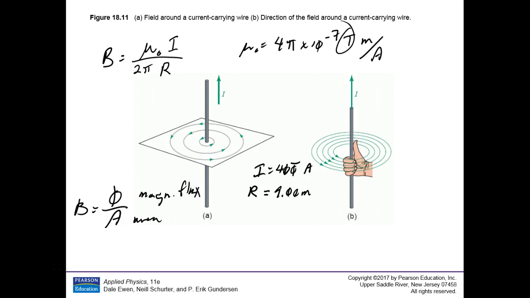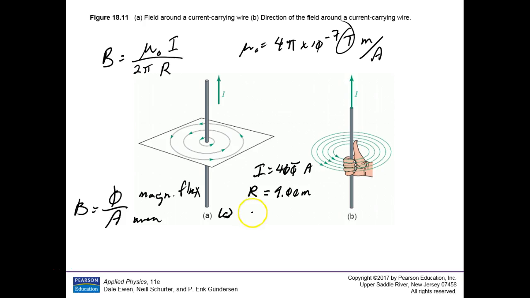You got 400 amps going through the power line, 9 meters above the transit used by the surveying student. Part A of the problem says find the magnetic field formed by the power line above the transit.